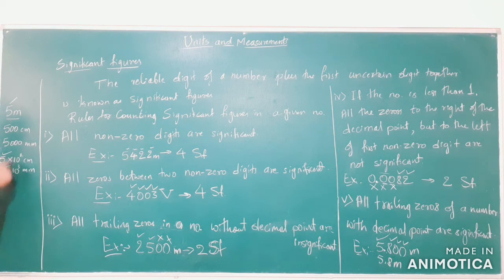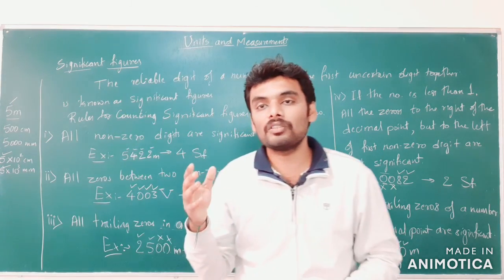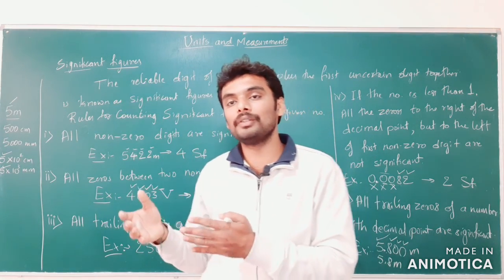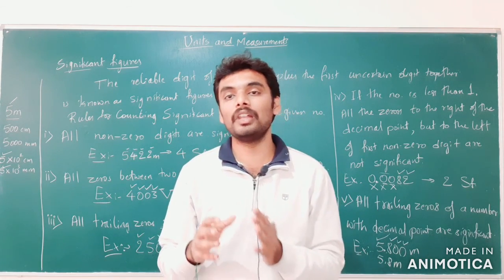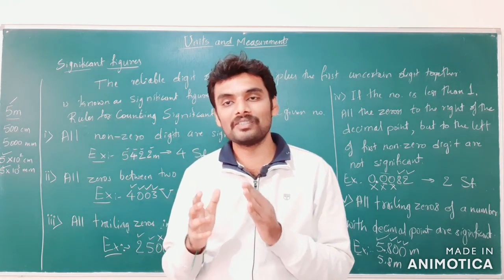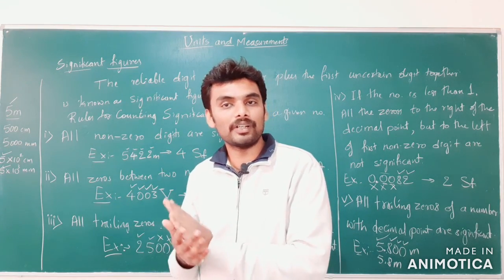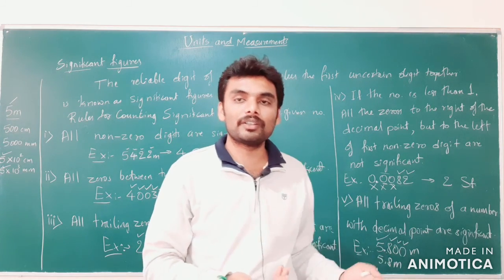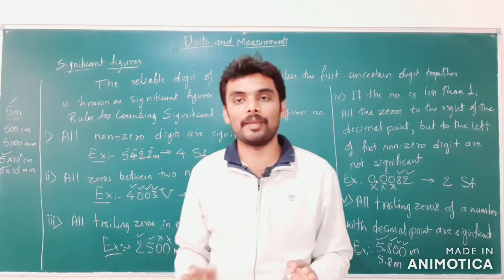These powers of 10 are not significant. One more important point is that conversion of values from one system of unit to the other system of unit will not alter the significant figures in a given number. If you convert it from one unit to the other unit, the number of significant figures will remain the same.